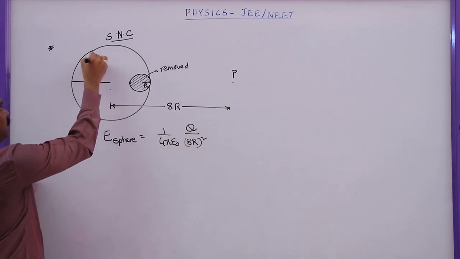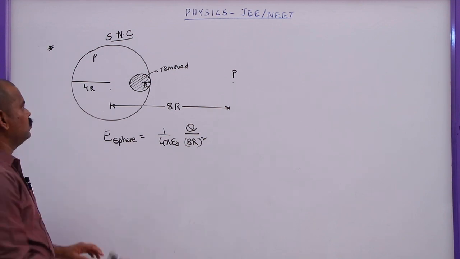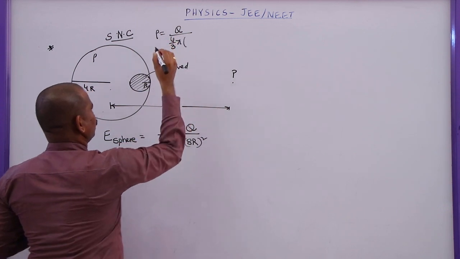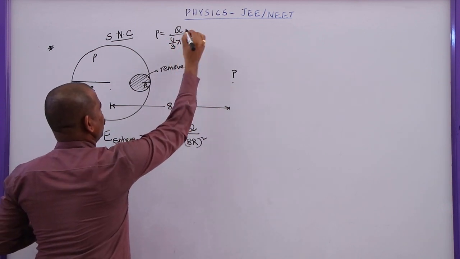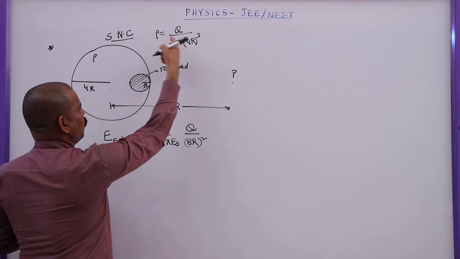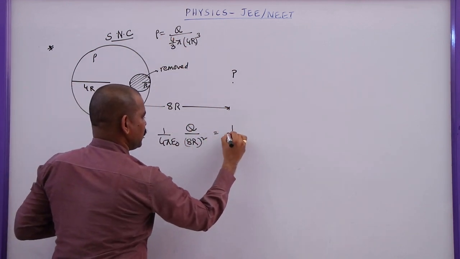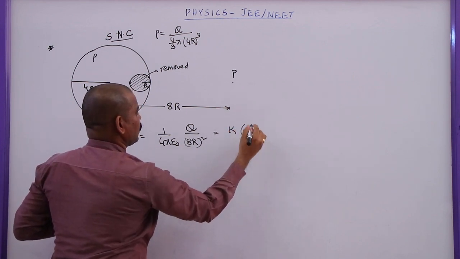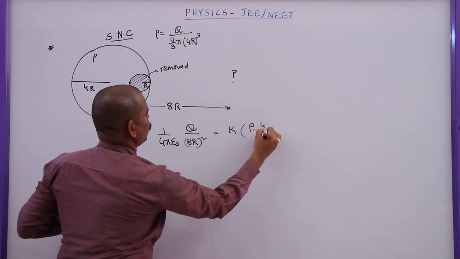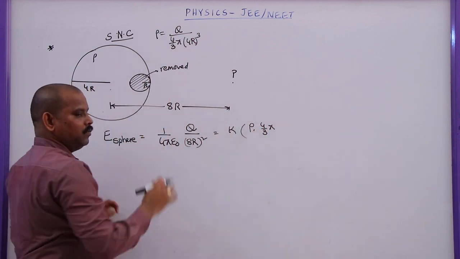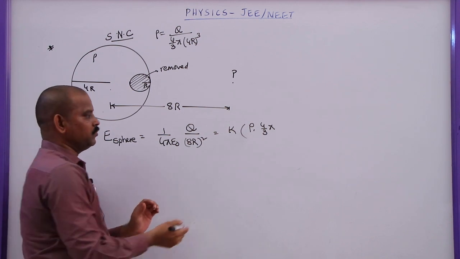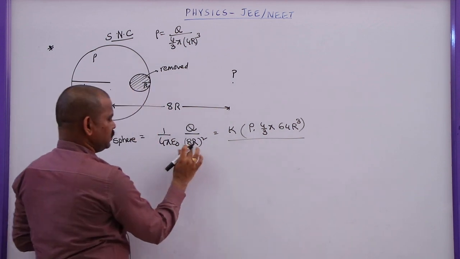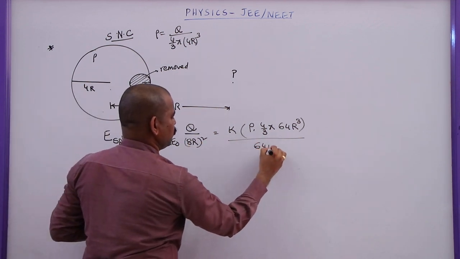But if the volume charge density is rho, then rho is given by the total charge by total volume, that is 4/3 pi (4r) whole cube. So in place of q you can write rho into this. Let me write 1 by 4 pi epsilon naught as k. Q is equal to rho into 4 by 3 pi 4 cube r cube; 4 fours are 16, 16 fours are 64, so 64 r cube by (8r) whole square, 8 square is 64 r square.